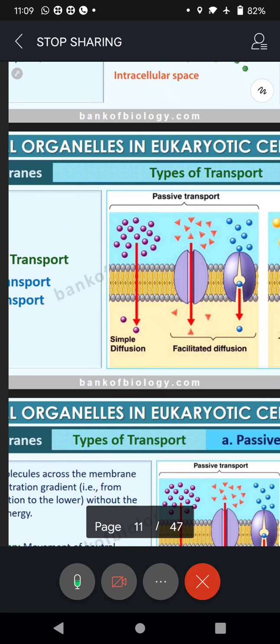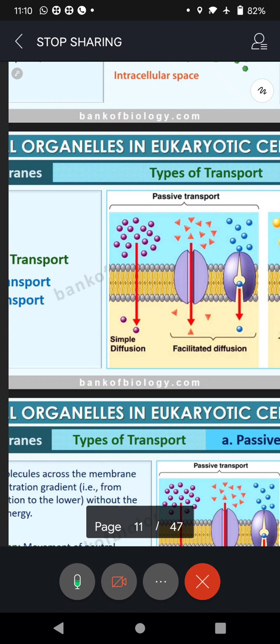There also, the scent molecules from your body diffuse out to the environment. So that is diffusion. Here, energy is not spent; it is because of concentration gradient. Molecules move from a high concentrated area to a low concentrated area.